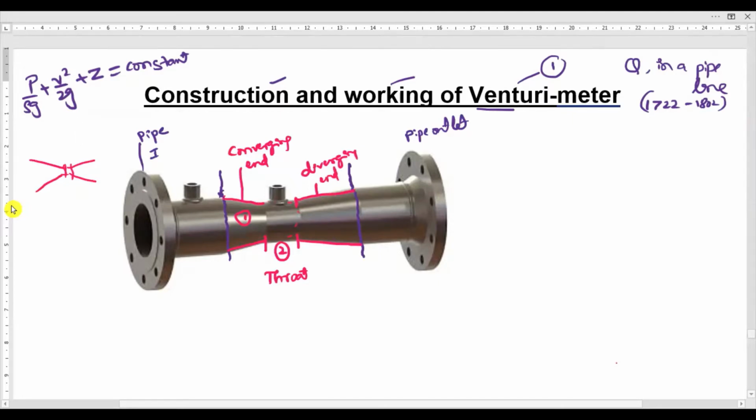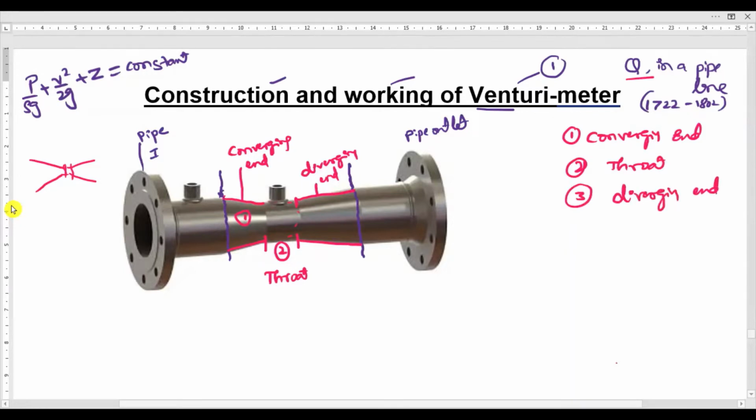So what is a venturimeter? A venturimeter is a device used for measuring the discharge. It consists of three major parts. The first part is the converging end, the second part is the throat, and the third part is the diverging end.